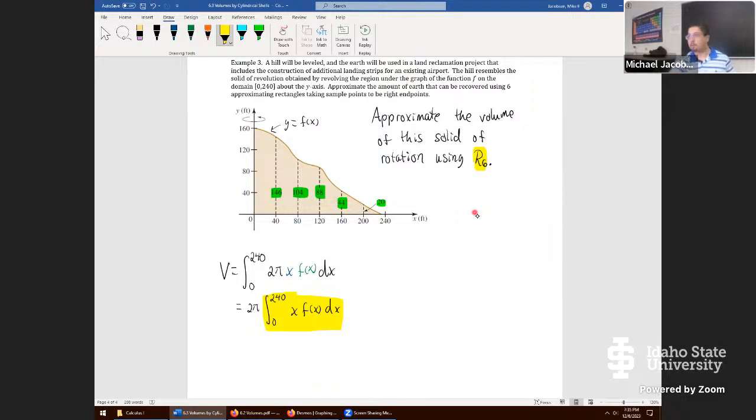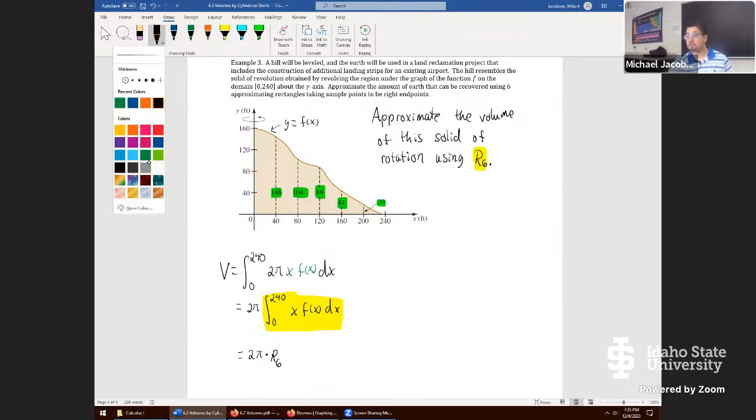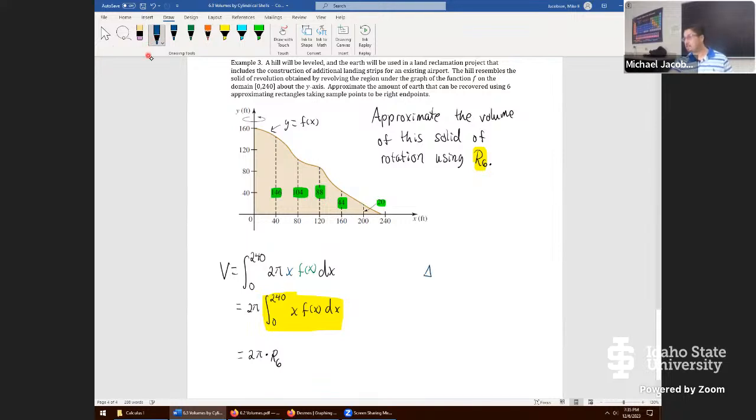Okay, since we're about to approximate using R6, let's write this in now as 2 pi times R6, and now start to convert to the methods for the right-hand rule with 6 rectangles. Next thing we need is delta x. Formula is always going to be b minus a divided by the number of approximated rectangles n.